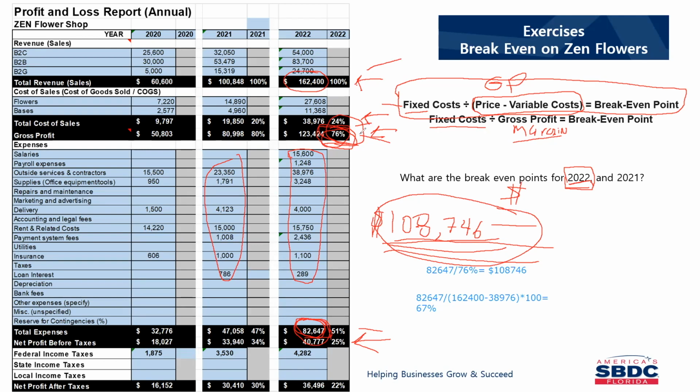If I know this, I know this, I know this, I don't need to know this because the logic of break even is that this is 0. So I need to know this number, this number, and this number, and I can figure this one out. So it could be a good idea to do this before you release a new product, because if the quantity is so high that you're never going to get it, then you might as well not sell it. Right. Correct.